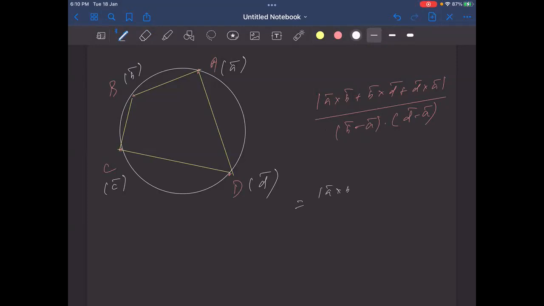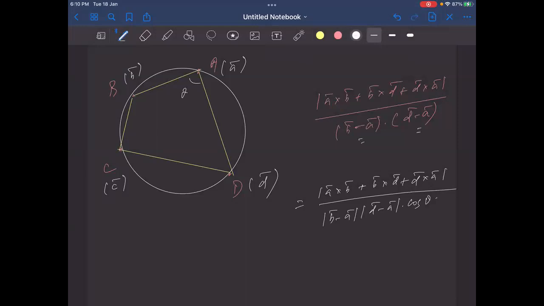A cross B plus B cross D plus B cross D by mod of B minus A. Let's say this angle is theta. Is it something like this? ये नीचे वाला टर्म ऐसा बन जाएगा ना.